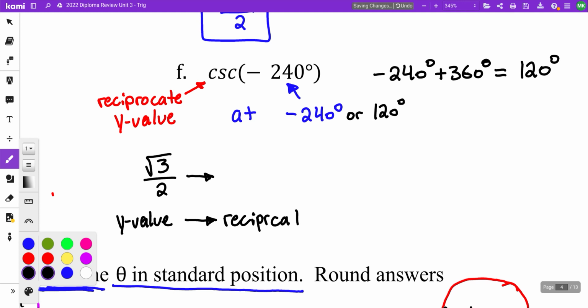I missed a letter in there. You just flip that fraction so it becomes 2 over root 3. Okay, that's good. That's the right answer. The exact value of cosecant at negative 240 degrees is 2 over root 3.